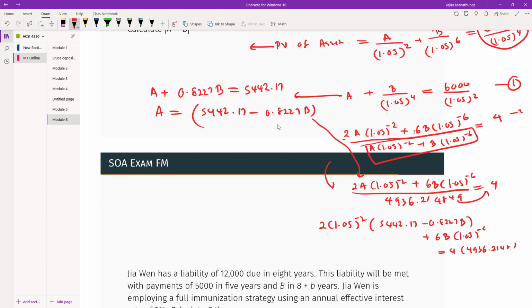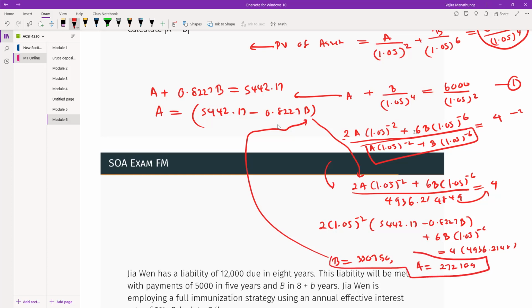So now there is only one unknown, only B. If you solve this one, you will get B equals 3307.50. And then again, using this equation in here, you can get A, and A would be 2721.09. So then you can get the difference. So basically, you solve for B now, only one unknown.